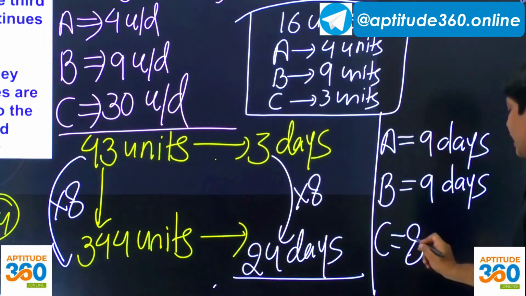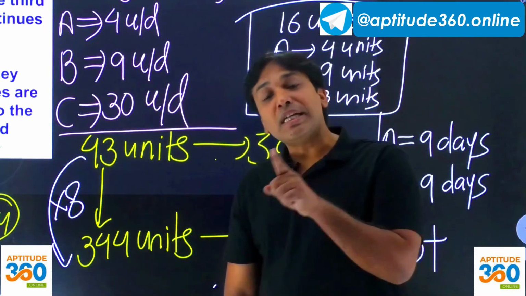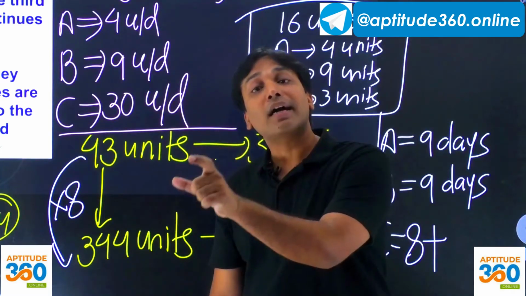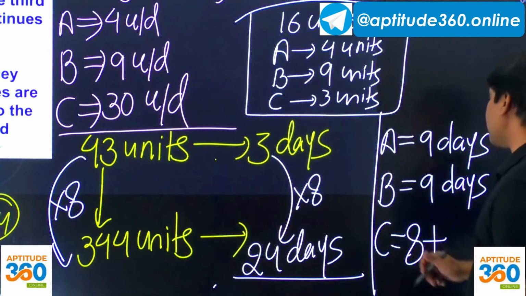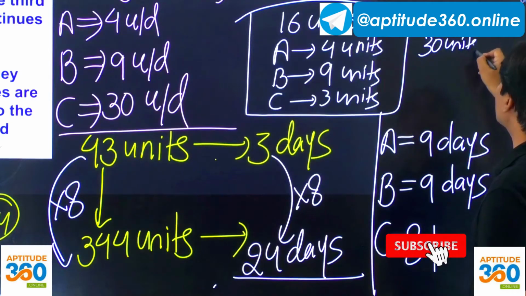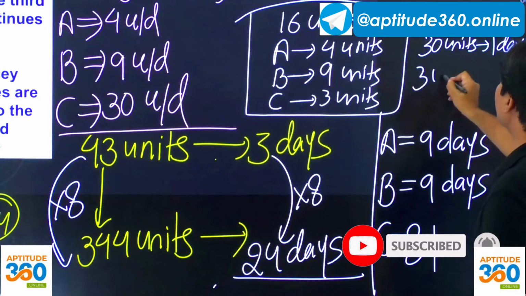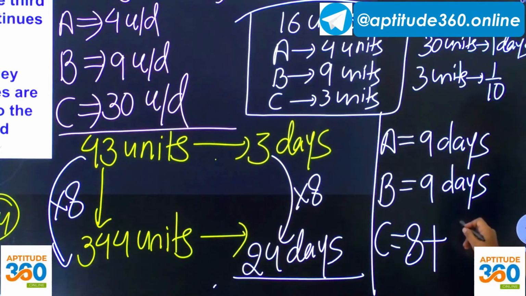C works for 8 days plus, C is completing 30 units per day. और अगर 30 यूनिट्स करना है उसको पूरे दिन में, और काम बचा कितना, 3 यूनिट ही बचा. So 30 units in one day, hence 3 units of work will be done in 1 by 10 days. So C is going to be taking 8 1 by 10 days.